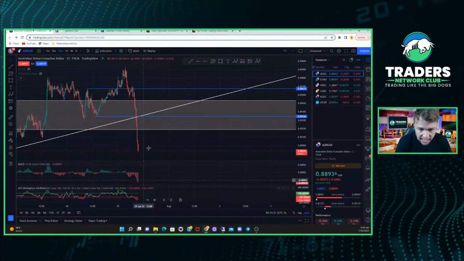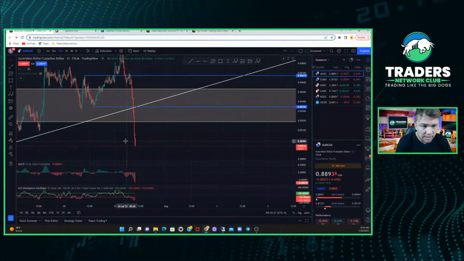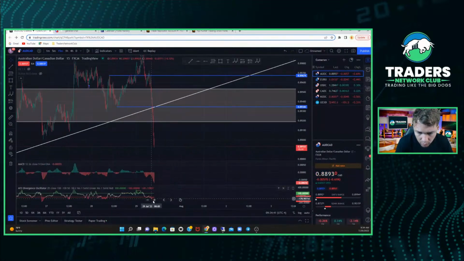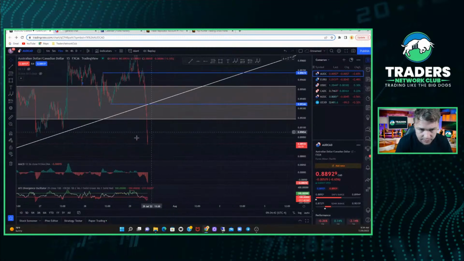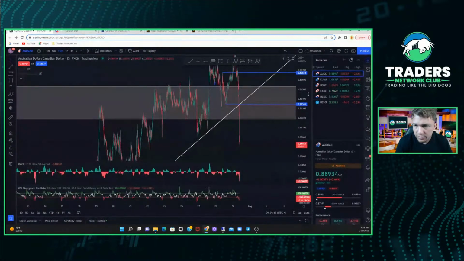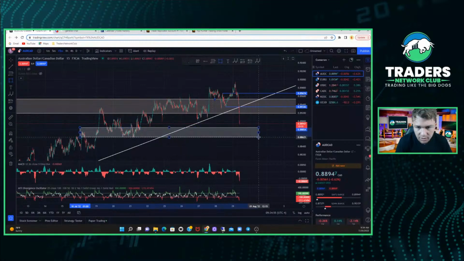Now, I don't see any negative or positive divergence. I don't see any positive divergence on my oscillator. It looks like we might not be slowing down with momentum. Let's go ahead and look for some zones here. So price could go ahead and move into this demand zone right here where price was consolidating.